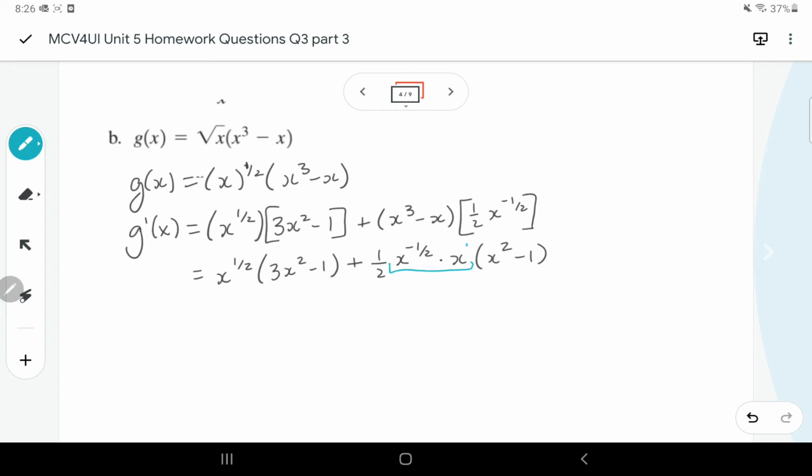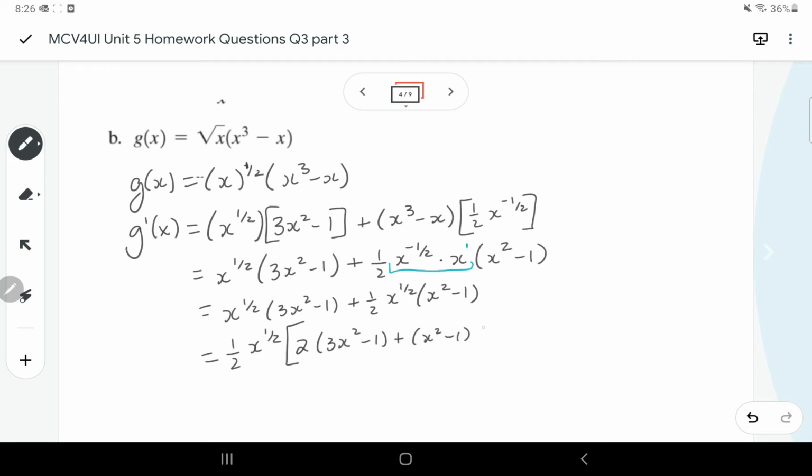Now I can combine these ones together. x to the negative 1/2 and x to the 1, that's actually x to the 1/2. Now I have a like term of that x to the 1/2. I'm also going to pull out the 1/2 coefficient. So now I have 2 times 3x squared minus 1 plus x squared minus 1.